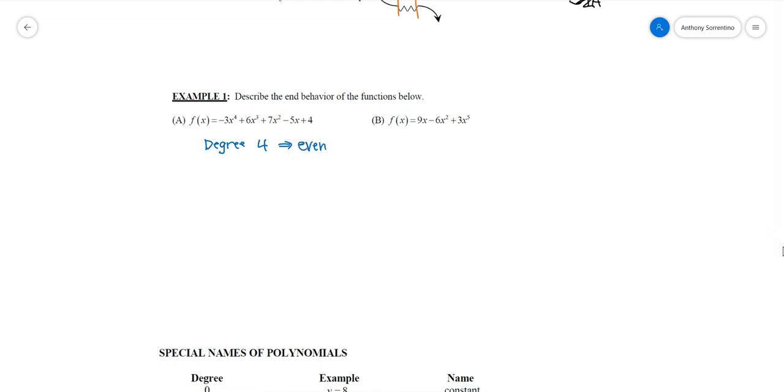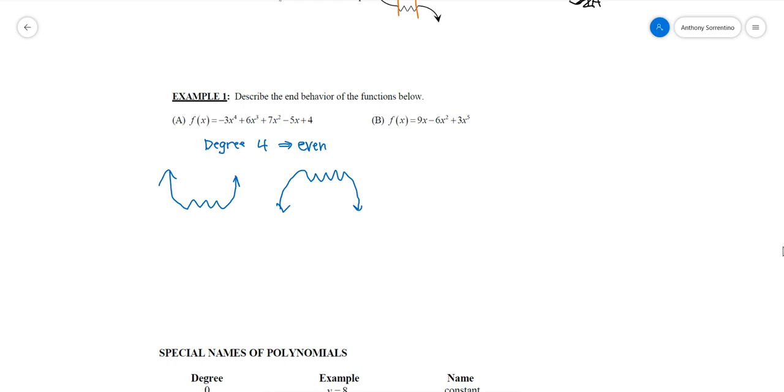That means that the two ends should be pointing in the same direction. Now, are they going to both be up, or are they going to both be down? Right now, knowing it's even, I know it's either going to be this or it's going to be this, as far as the end behavior goes.